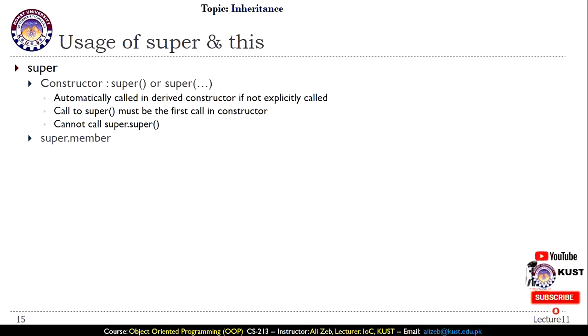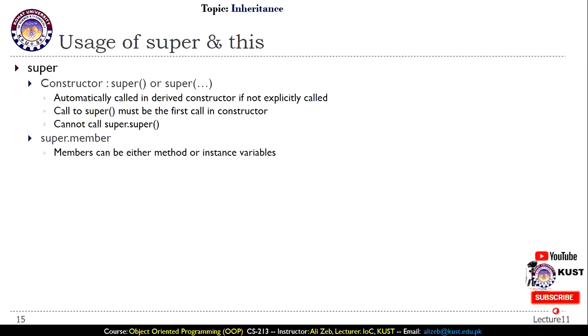We can also call a member, which can be a method or a variable from the superclass, using the super keyword. So it can be any method in the superclass or a variable declared in the superclass which is accessible in our subclass, and we can call those using the super keyword separated by the dot.